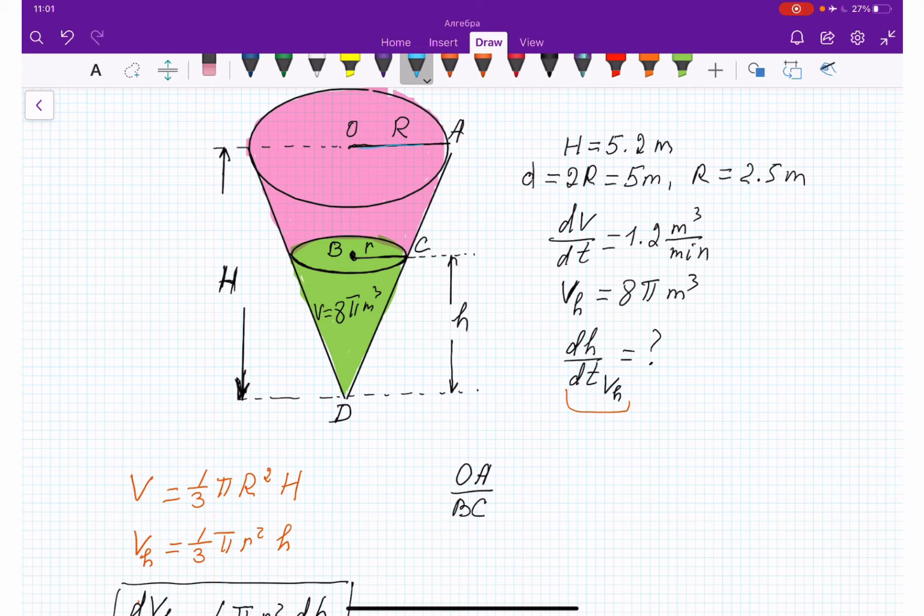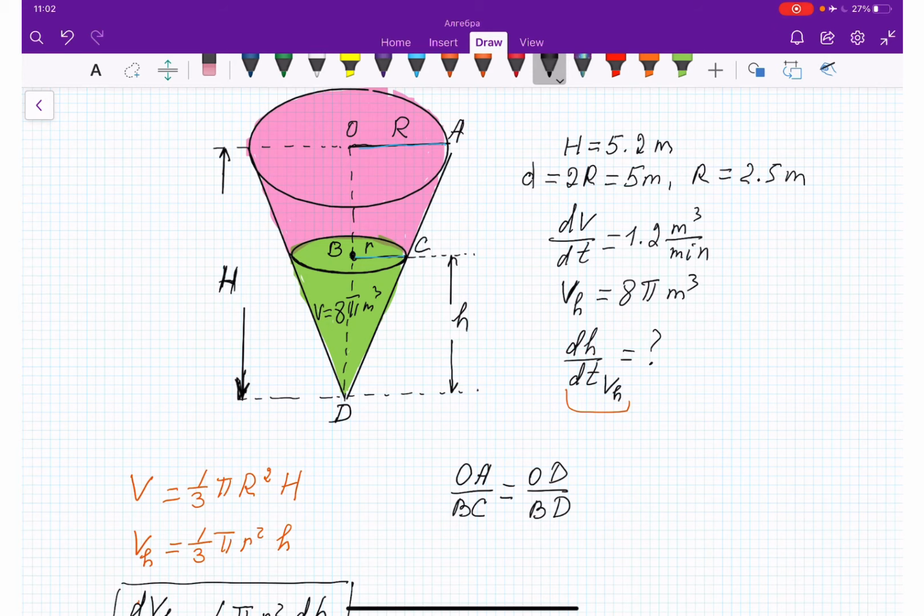Look here, OA related to BC, yes, exactly the same way as OD related to BD. So if I provide these dashes, that's the height, right?